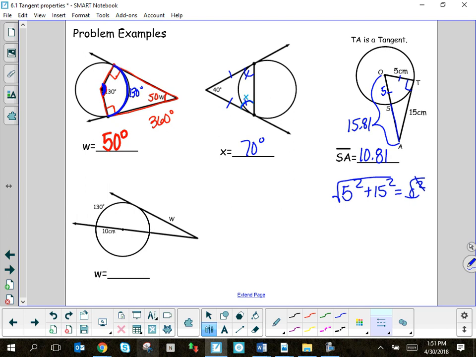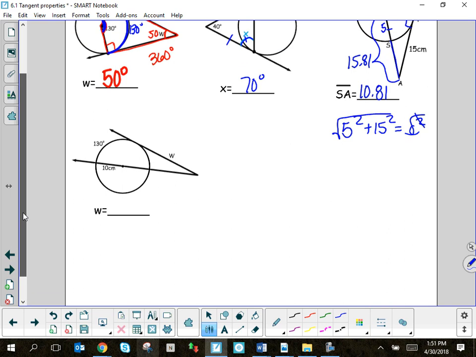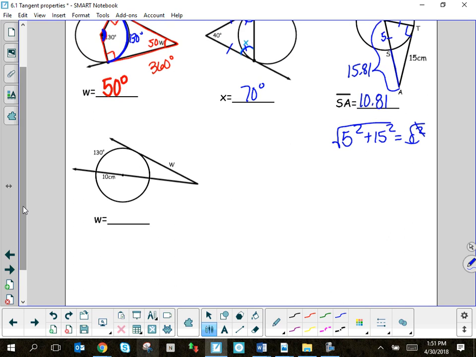And lastly, how do I find segment W? Well, you'll want to connect the point of tangency to the center, so that way you can work with a right angle. If this is 130, this angle here is also 130, which makes this one 50. So that's 50 degrees, that's 30, so you want to focus on this triangle.